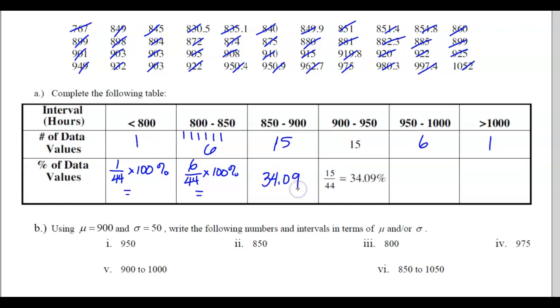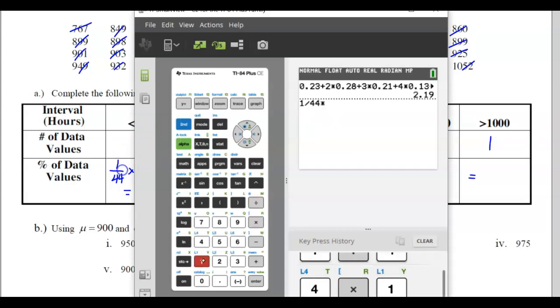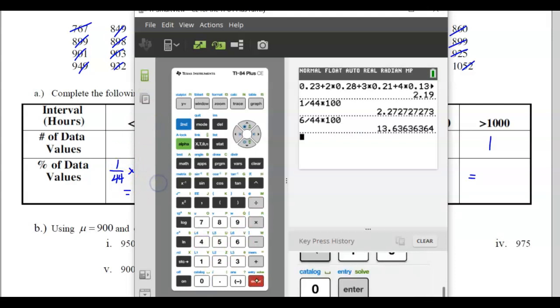Okay, this one will be the same as the other. Okay, so 2.27 and 13.64.